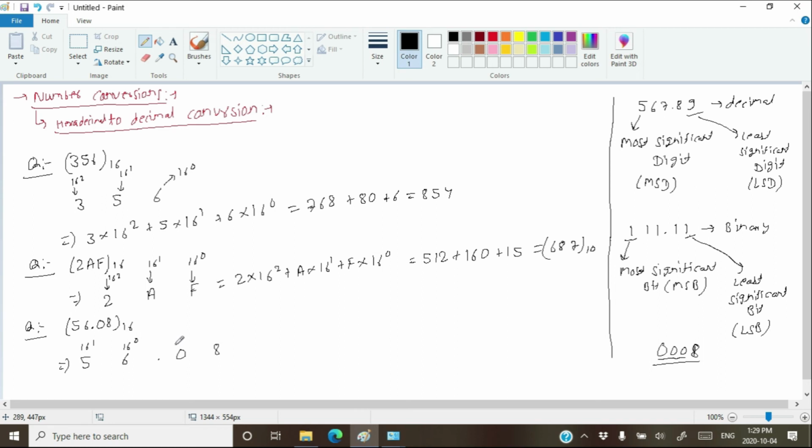Assign all the digits in the fractional parts the weights starting from 16 to the power minus 1 and 16 to the power minus 2. So that will be 5 into 16 to the power 1 plus 6 into 16 to the power 0 plus 0 into 16 to the power minus 1 plus 8 into 16 to the power minus 2. That will be 86 plus 0.03125.